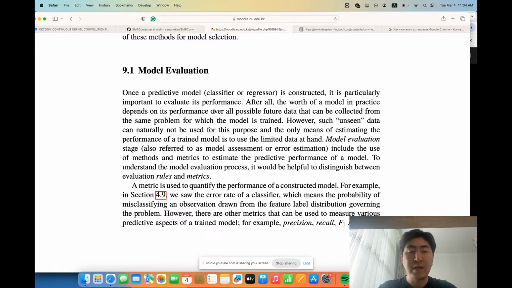However, such unseen data can naturally not be used for this purpose, and the only means of estimating the performance of a trained model is to use the limited data at hand. The model evaluation stage, also referred to as model assessment, includes the methods and metrics to estimate the predictive performance of a model. To understand the model evaluation process, it will be helpful to distinguish between evaluation rules and metrics.